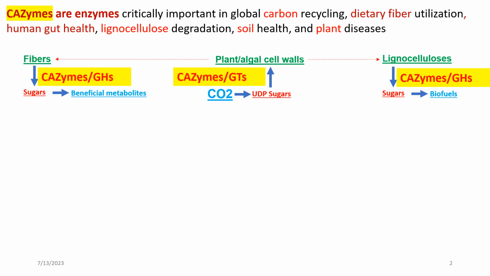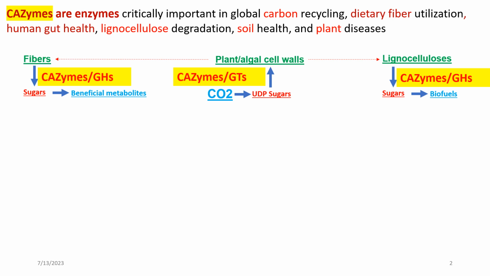Glycosyltransferases, or GTs, are one class of CAZymes responsible for polymerizing sugars. Now, in biofuel production, cell walls are often referred to as lignocellulose and the feedstocks, while in food science, the polysaccharides in cell walls are known as dietary fibers.